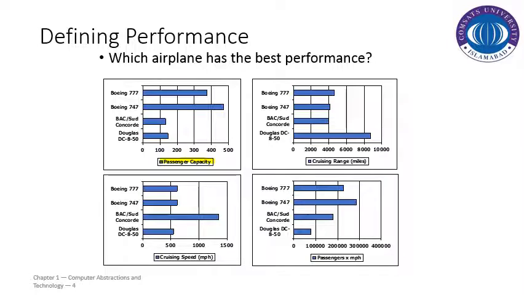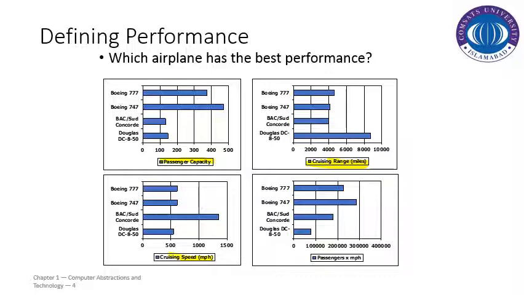The second is the cruising range in miles, and definitely the plane with a higher cruising range for a specific distance has better performance as compared to the others. That can also be a performance metric. The third is the cruising speed, and definitely the plane with the higher speed is efficient as compared to the other plane if we consider this as a performance metric.